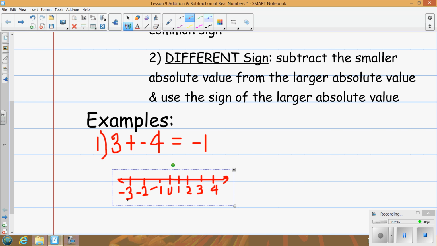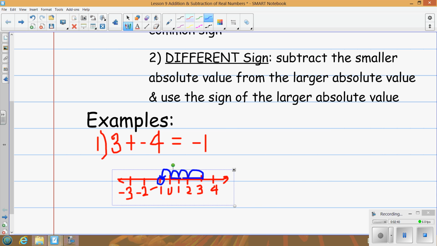So if I wanted to start, we would always start at 0. And if I have 3, I would be going 1, 2, 3. And if you're adding negative 4, that means I'm going to the left 4. So 1, 2, 3, 4, I end up at negative 1. So that's basically how it works on a number line.